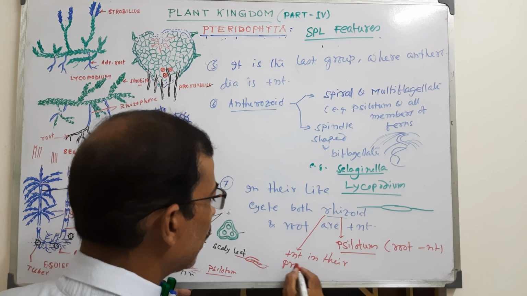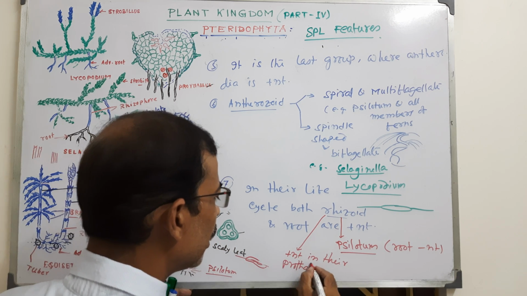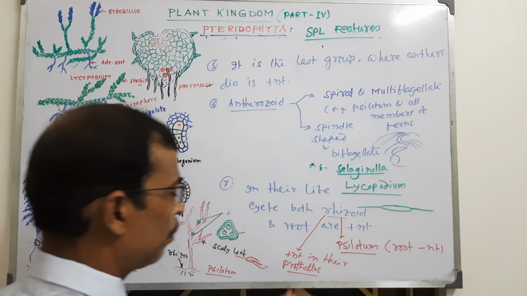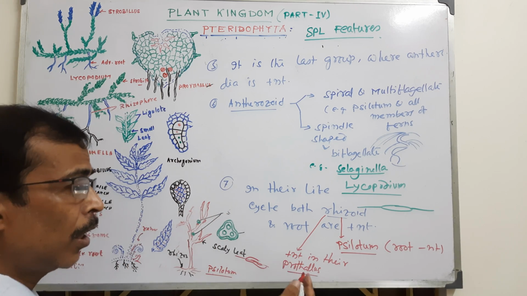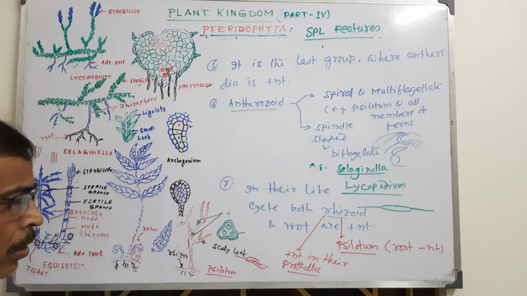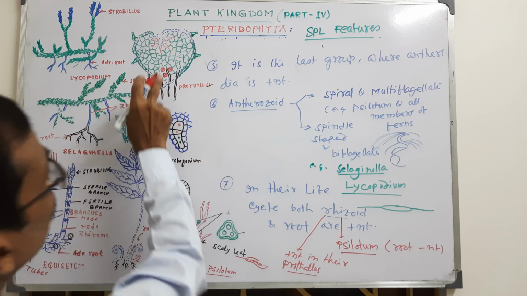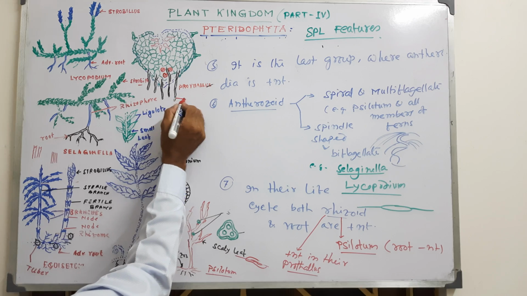But in other genera, rhizoid is also present, but they are present in their prothallus or gametophyte. Generally gametophyte is called prothallus, though in Salvinia, Selaginella, Marsilea, they are not called prothallus. Look here, this is the prothallus, this is the rhizoid.